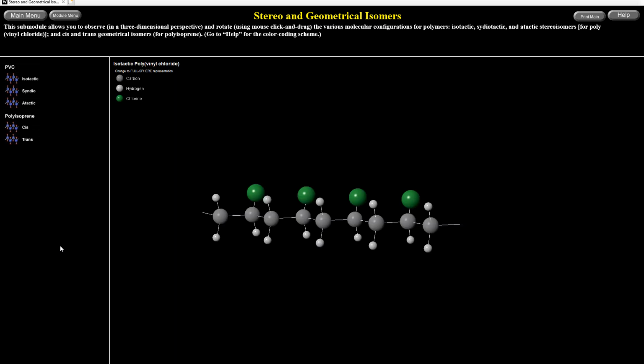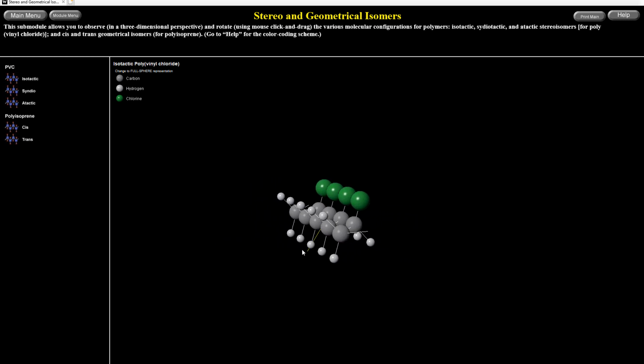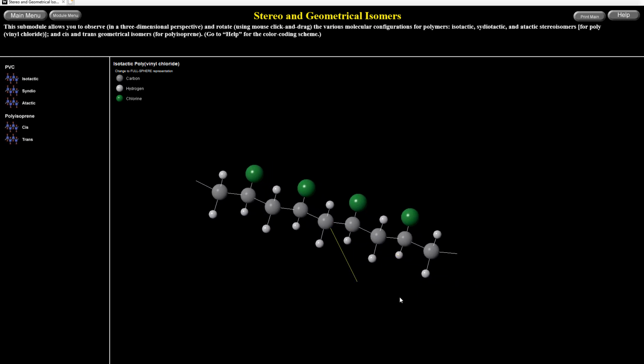All right. So this is the isotactic geometry for polyvinyl chloride, PVC, where my R group here is my chlorine. So if you're looking at this in 3 dimensions, what you will notice is what? All my chlorines lie on the same side.